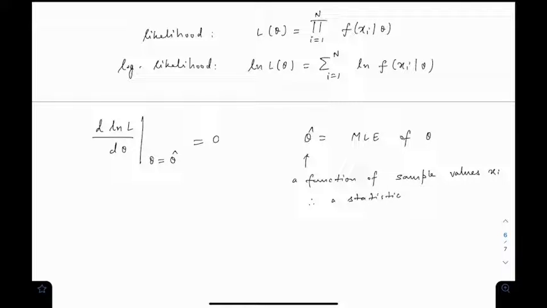Okay, as an example, let's look at the maximum likelihood estimate of the mean life of an unstable particle.